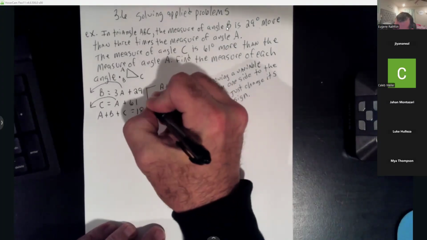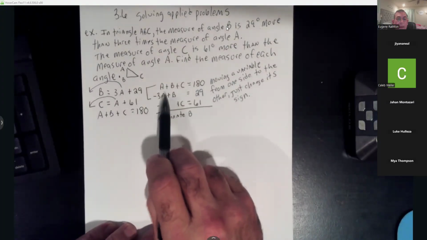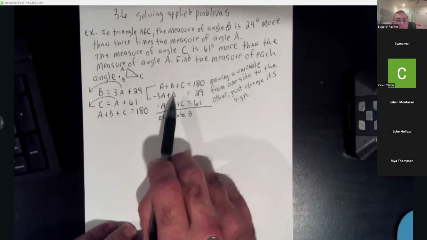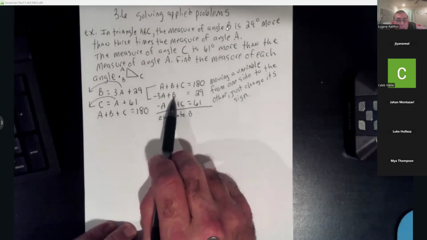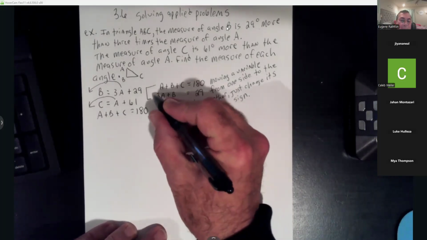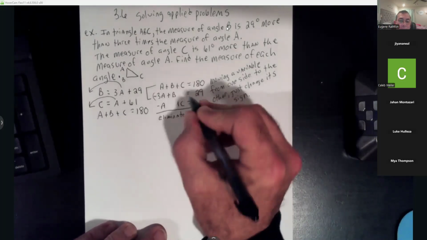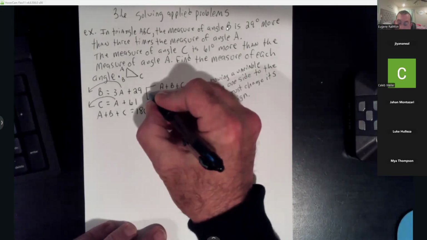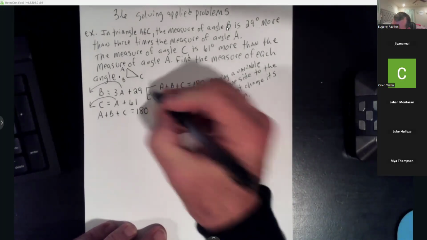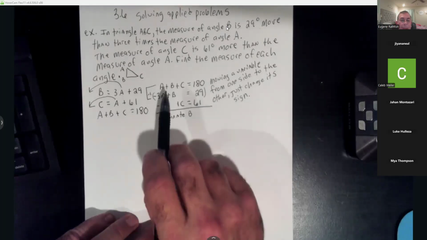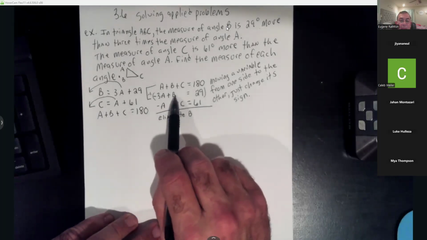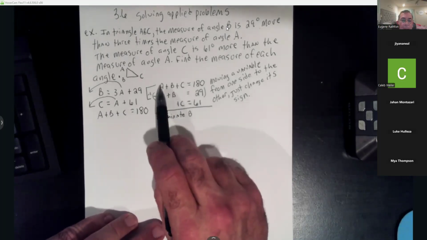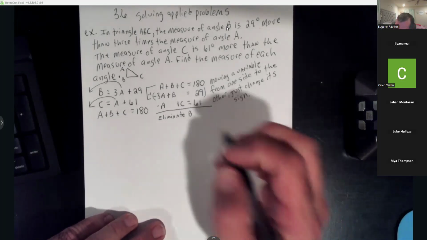So first, I'm going to add these two equations, but notice that B is positive and this B is positive. So if I'm going to eliminate the B, I'm going to multiply this second equation by -1. Okay, because remember, I need this one to be negative so that it'll cancel with that one. So the first equation I'm not changing.